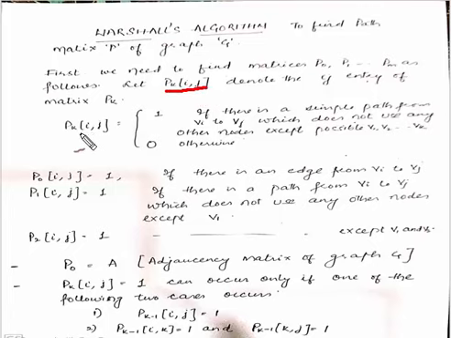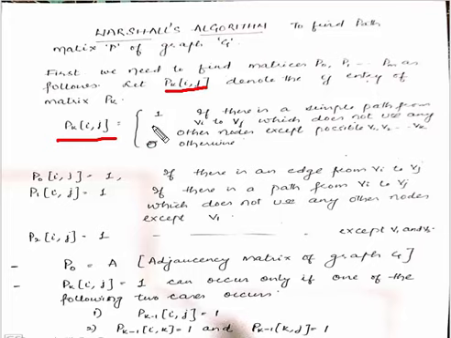Now Pkij will denote any entry in the matrix P from i to j. It is 1 if there is a simple path from Vi to Vj which doesn't use any other nodes except possibly V1 to Vk.